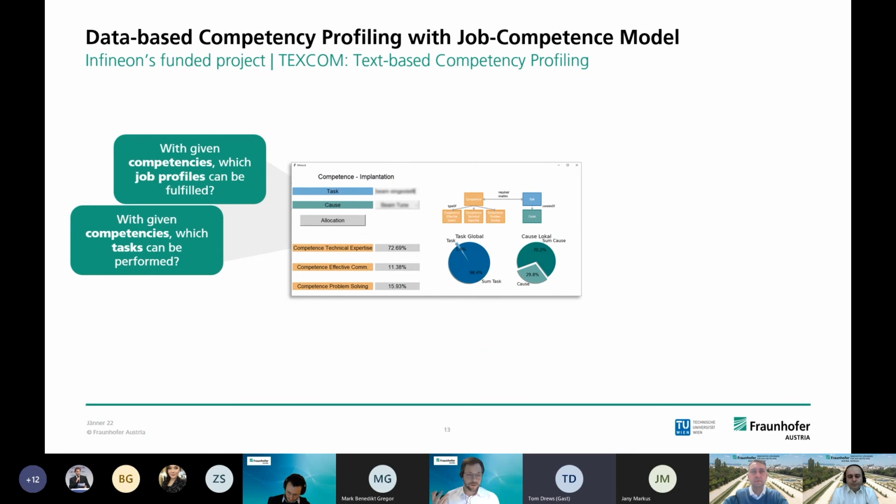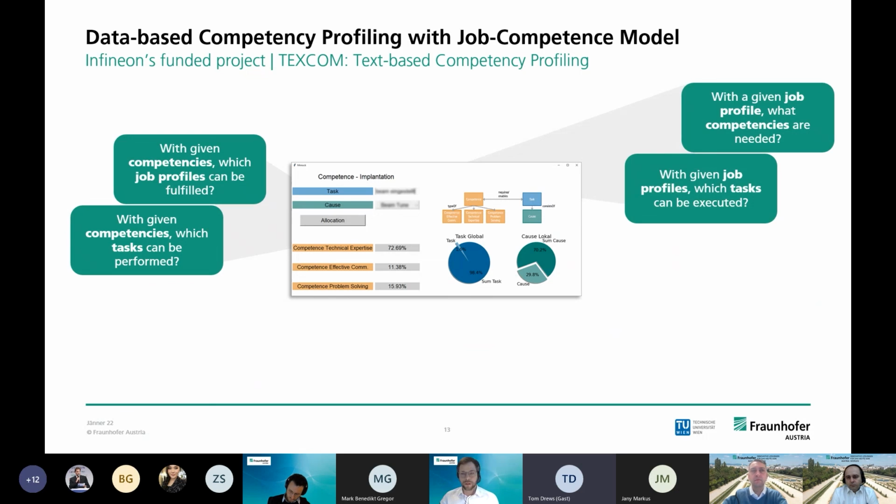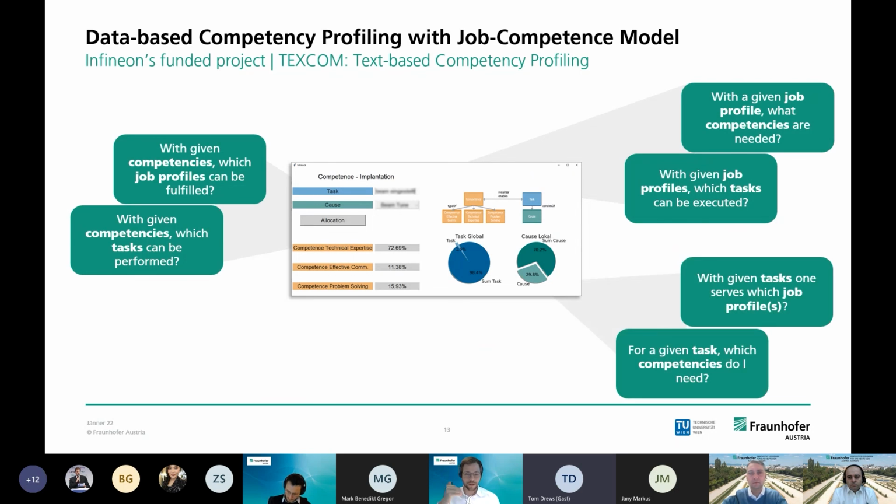But we can also ask from the other side, with a given job profile, what competences are needed and which tasks can be executed. Or we even ask which tasks serve which job profile and which task needs which competences.